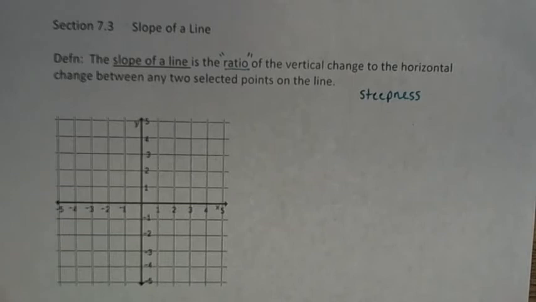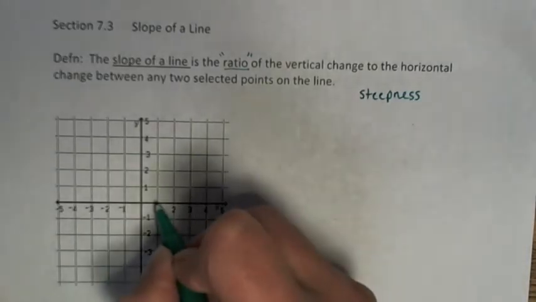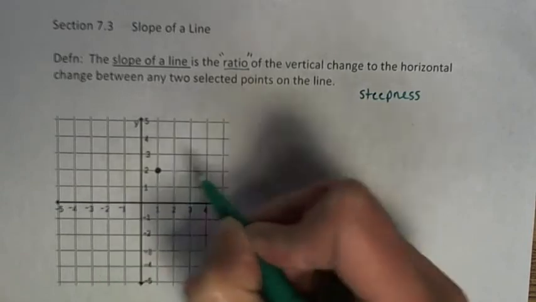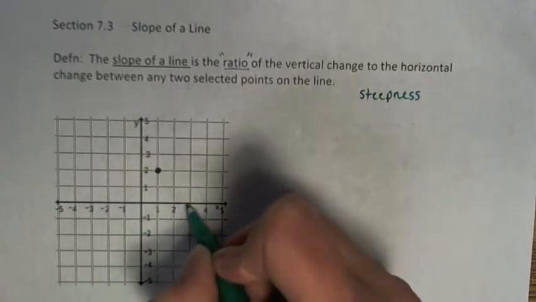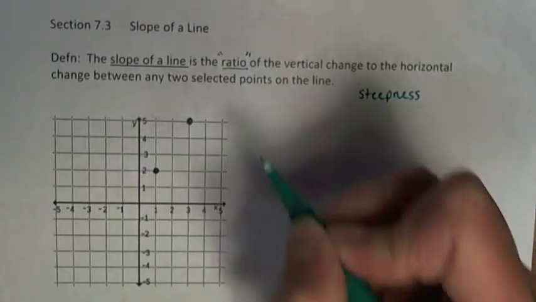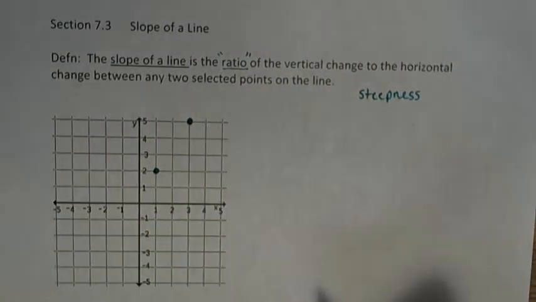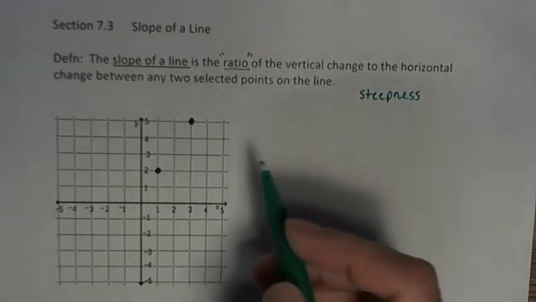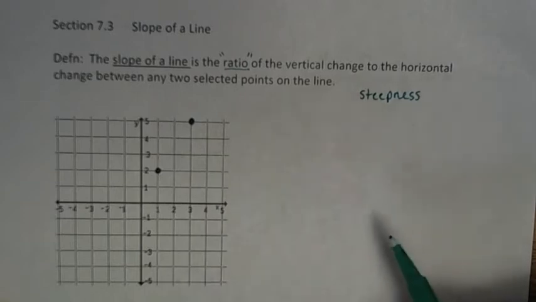Now let's start by looking at a couple of points, and we will take this definition and rewrite it in a couple of ways. So let's say that I plot the point (1, 2), and I also plot the point (3, 5). And I want to take a look at the definition of the slope in relation to those two particular points.